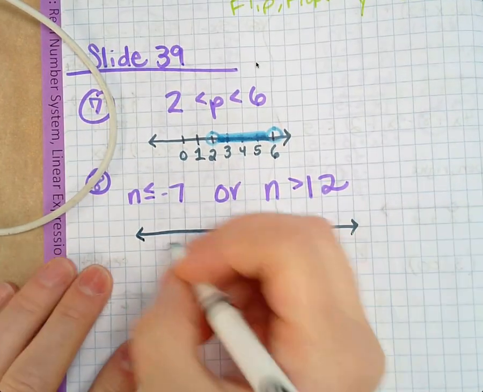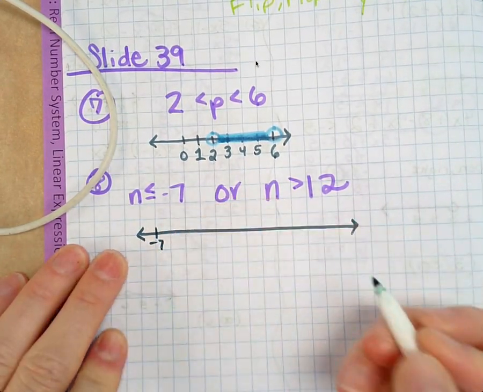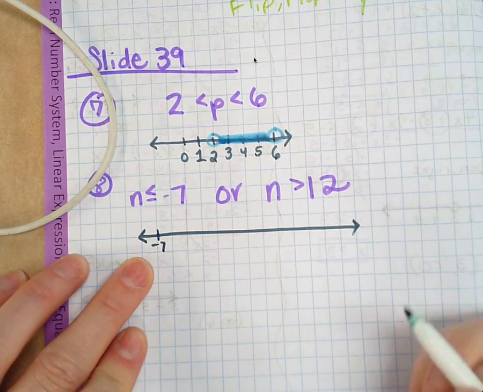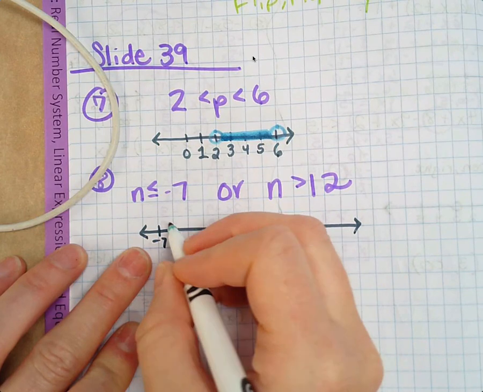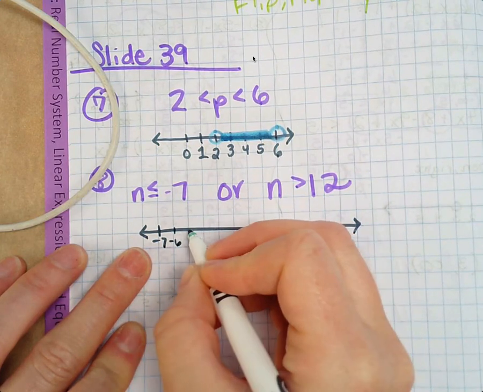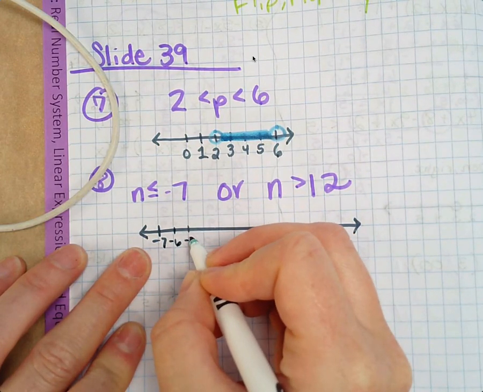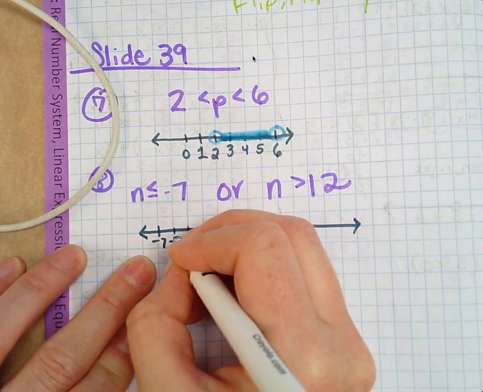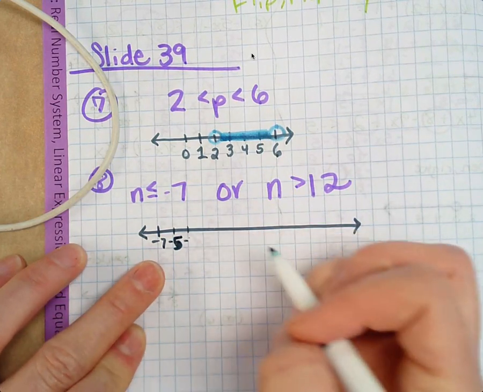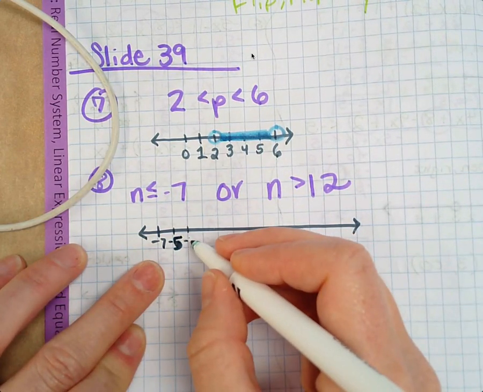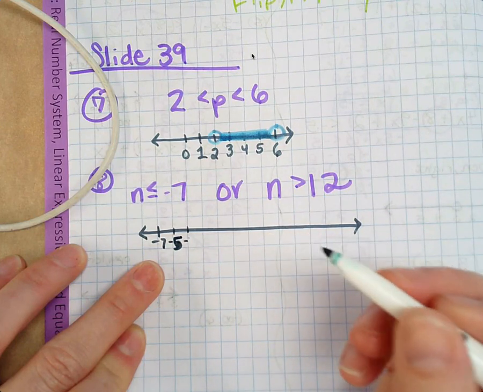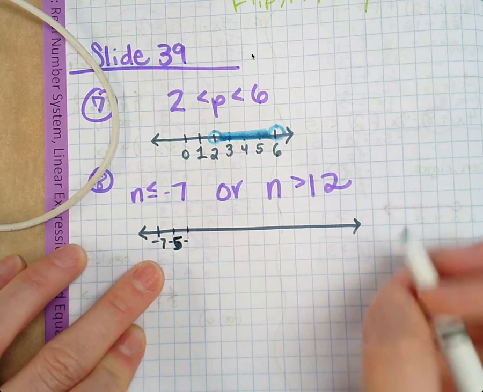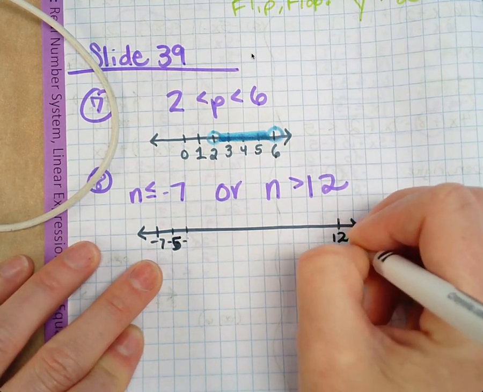So I'm going to put a -7 here. And then we need to go all the way to 12. So let's do -6, -4, or let's see. No, that would go by 1. So let's do -5. We'll go by 2s. It wouldn't get to 12. It would get in between. How about we just do like this? And let's say there's that many between them.